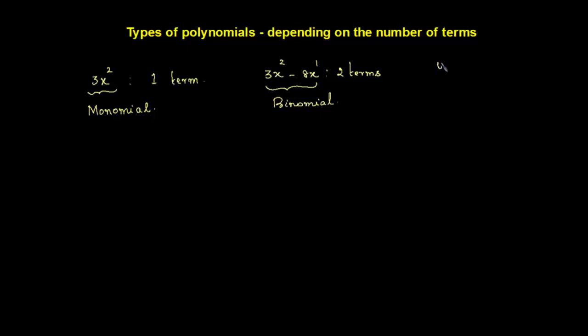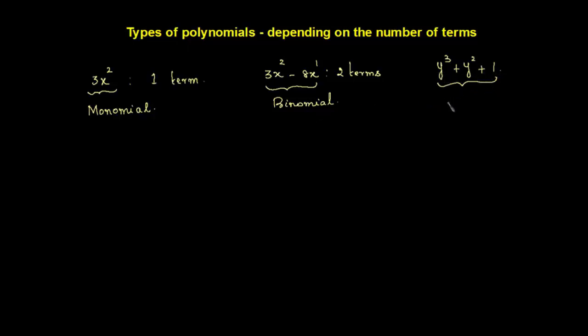Consider this one. Again, is this a polynomial? Yes, this is a polynomial with variable y, and the powers to which the variable y has been raised are all positive; they are all whole numbers. Therefore, there are three terms which you can see, which are y cube, y square and 1.